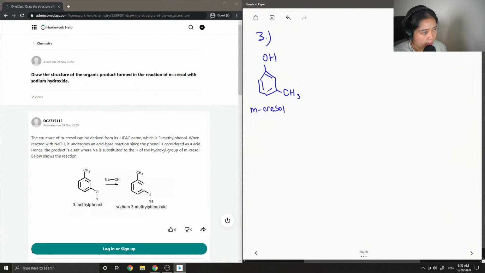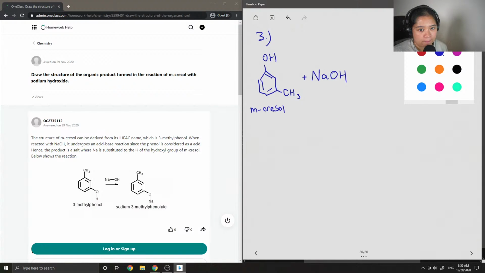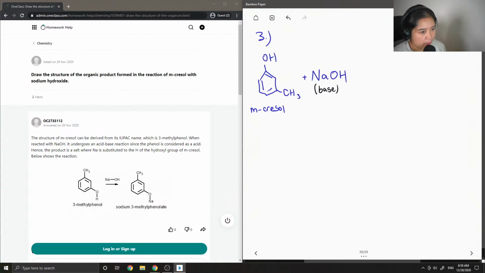Okay, and the question says that it reacts with sodium hydroxide. So if we look at both of these reactants, you'll notice that sodium hydroxide is a common base, and mCresol can actually act as an acid.